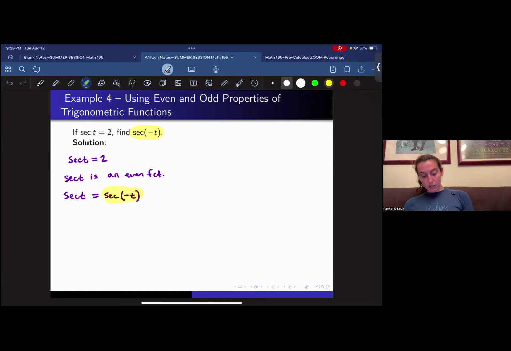But if we know secant of t is 2, then we get our answer as secant of negative t equals 2, and we're done.